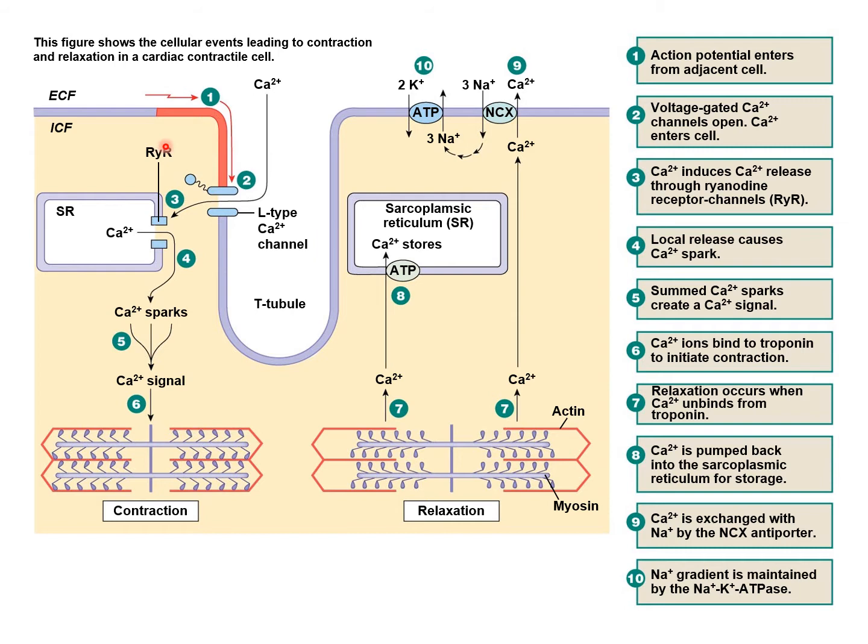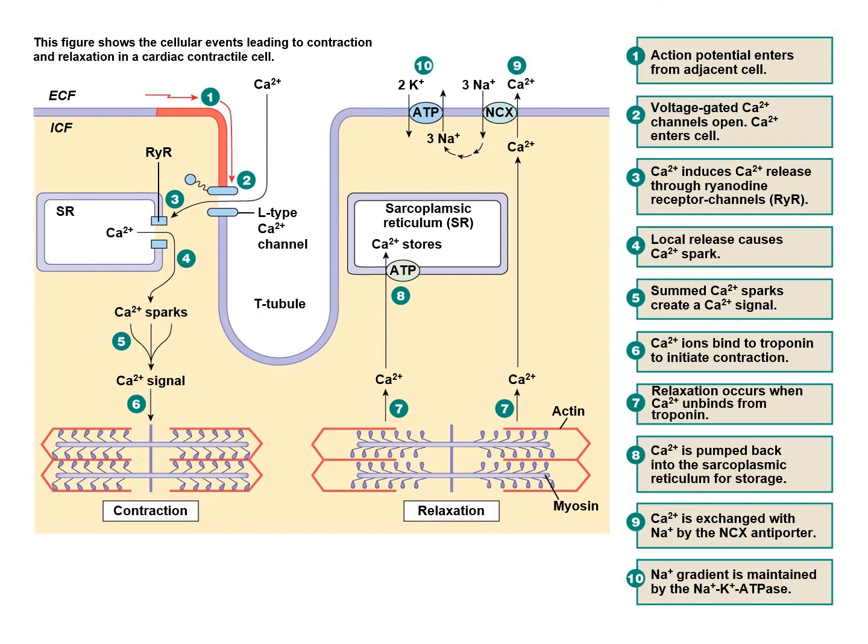So the RYR is calcium gated, and it lets calcium out, and you get this positive feedback where you get sparks that cause a large signal wave to pass through if you watch that video, which I hope you did. That calcium then triggers cross bridge and power stroke, that myosin power stroke, cocking and flexing cycle.